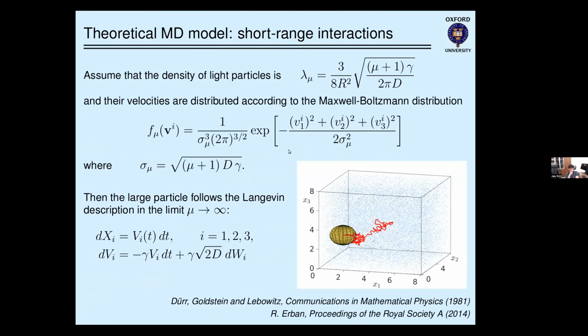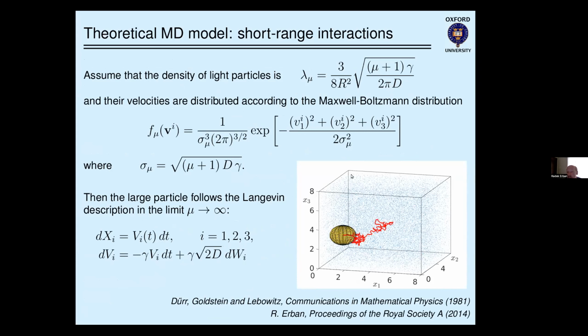That was my underlying model. For this model, you obviously have to start with good initial conditions. So you assume that the density of light particles is sampled from some distribution, and the velocities are sampled from a Maxwellian.